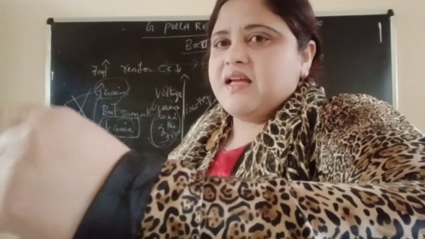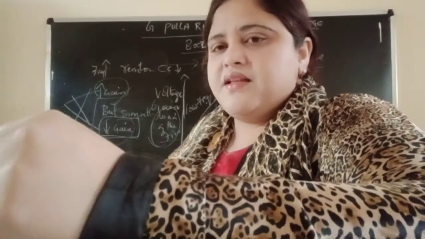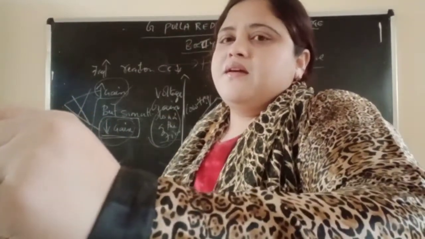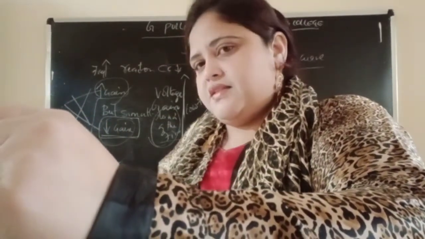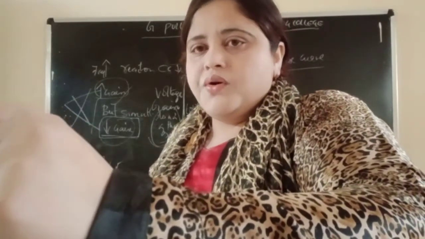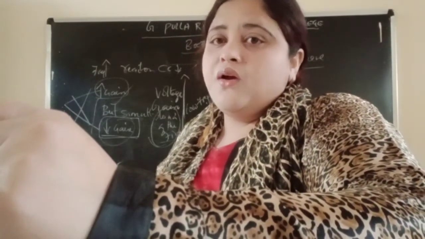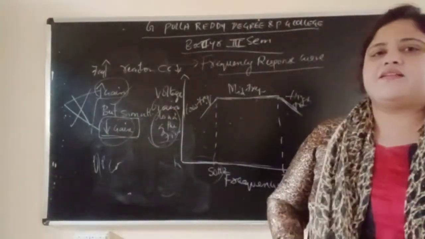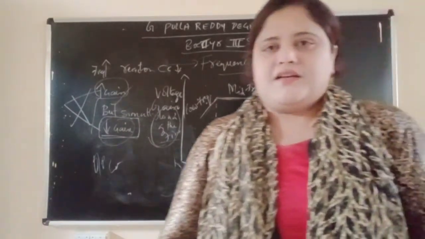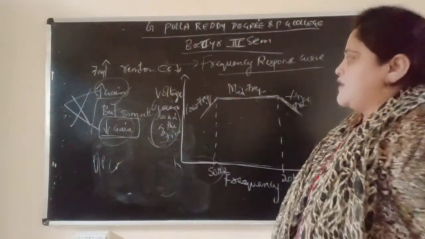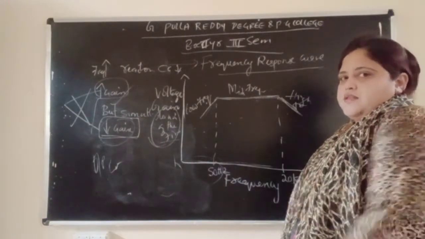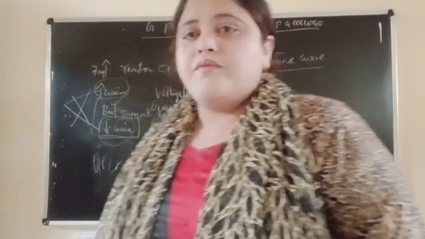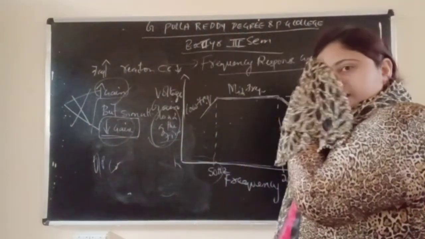These two factors cancel each other and hence the gain will remain constant approximately. So we confirm that at mid frequencies, the range from 50 Hertz to 20 kilohertz, gain remains constant because it is increased and decreased simultaneously. Next, what is happening in the high frequency range?